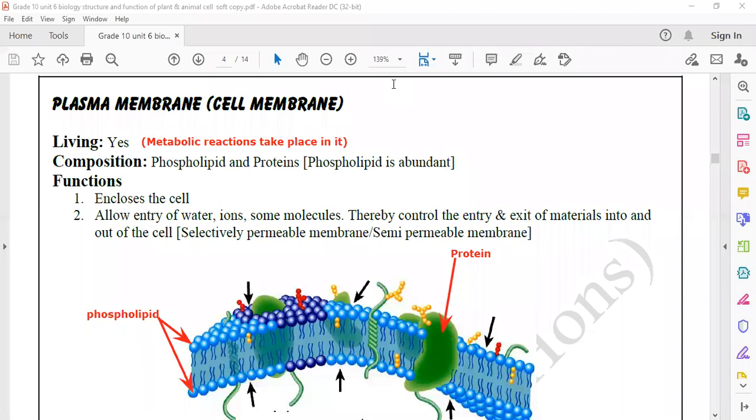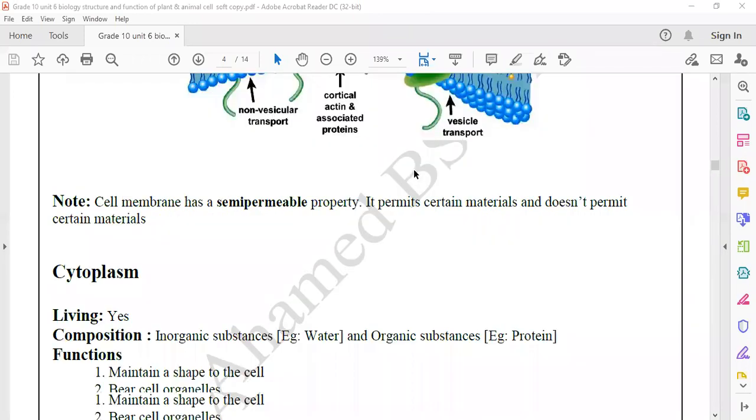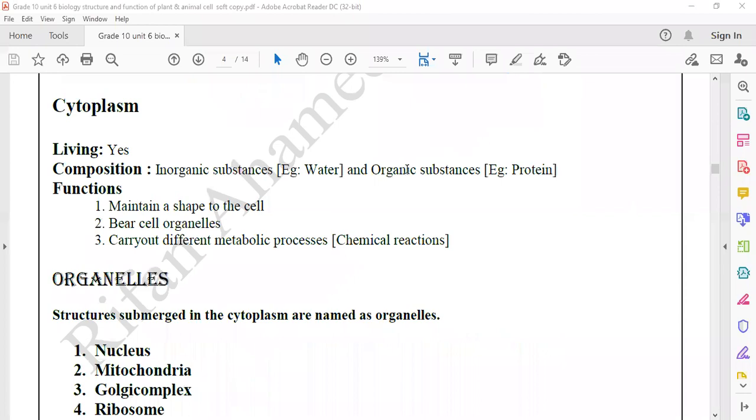Completing plasma membrane, I am coming to cytoplasm. Cytoplasm is also living. You know the meaning of living.